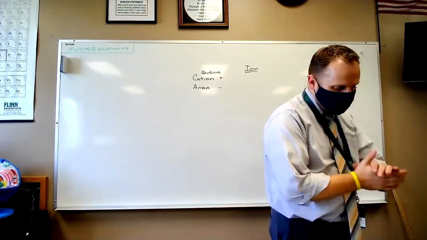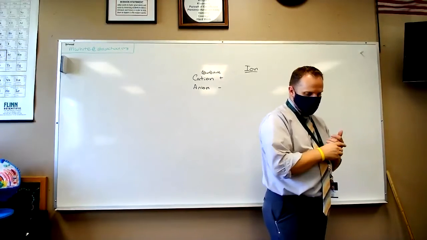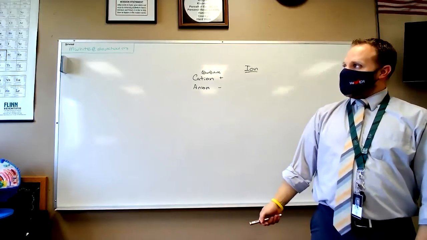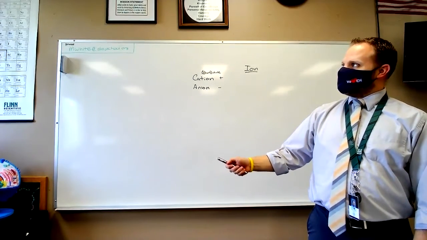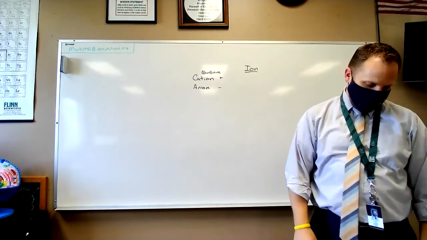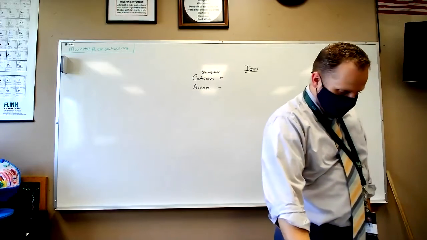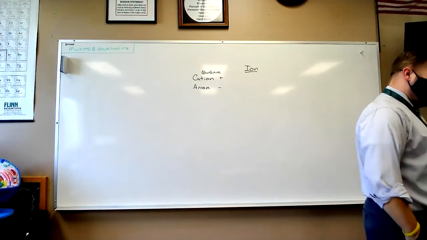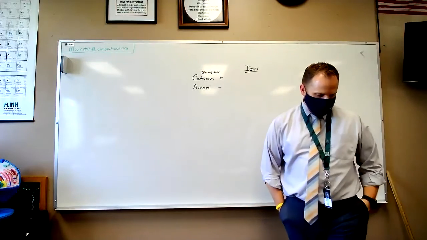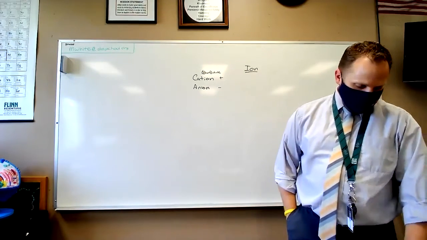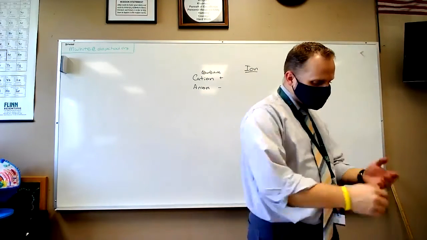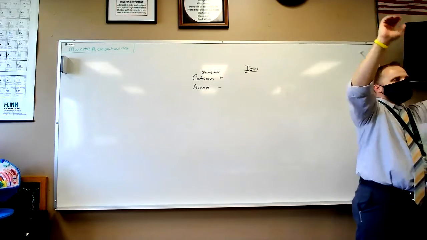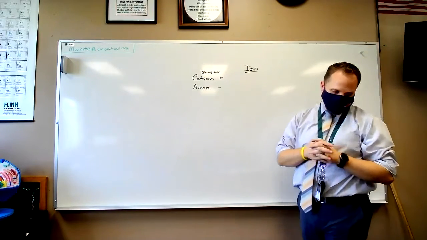Now, if you were paying attention, you noticed we skipped over groups 3 through 12. Those are metals, transition metals, and things like that. Well, it's hard to say exactly how many electrons they're going to lose.